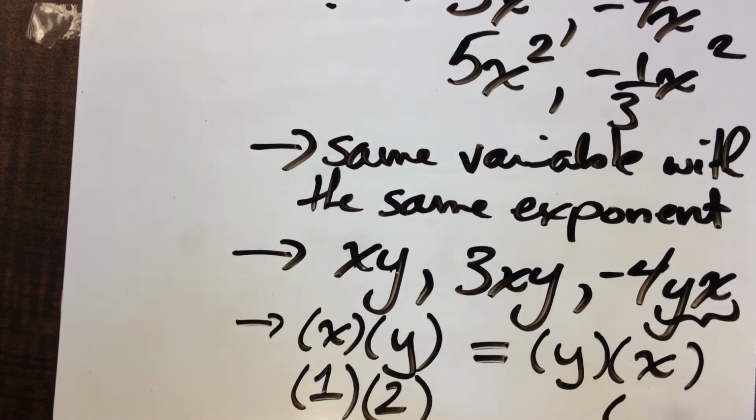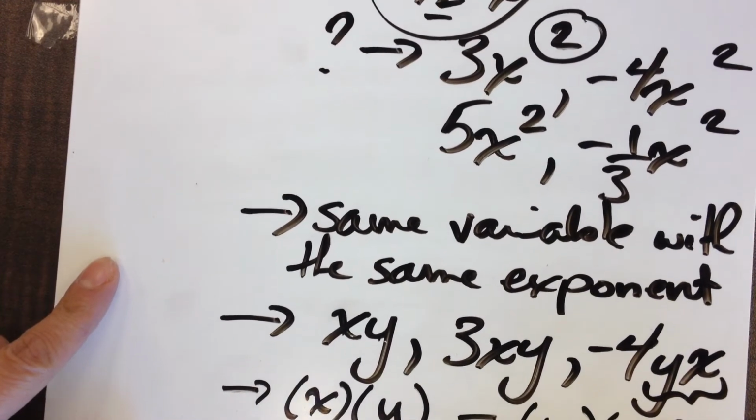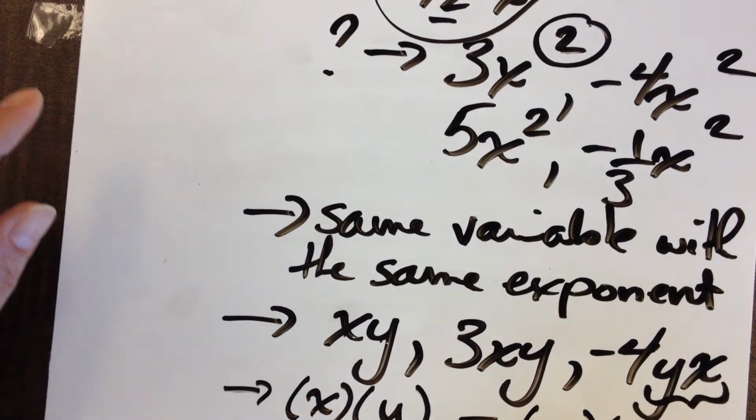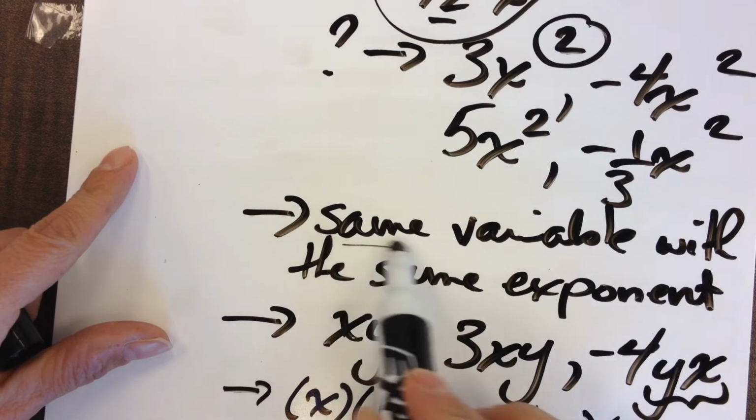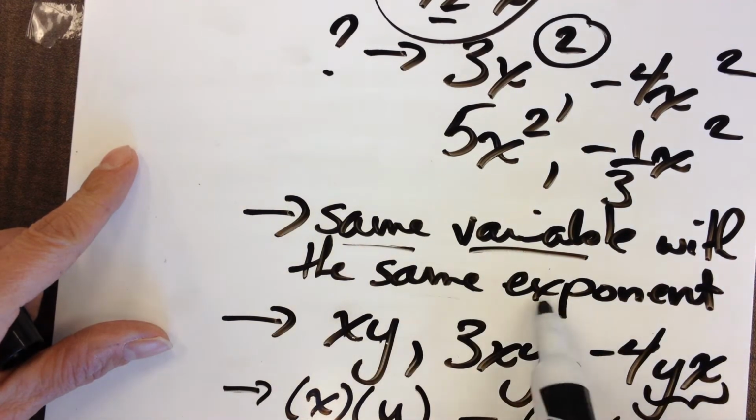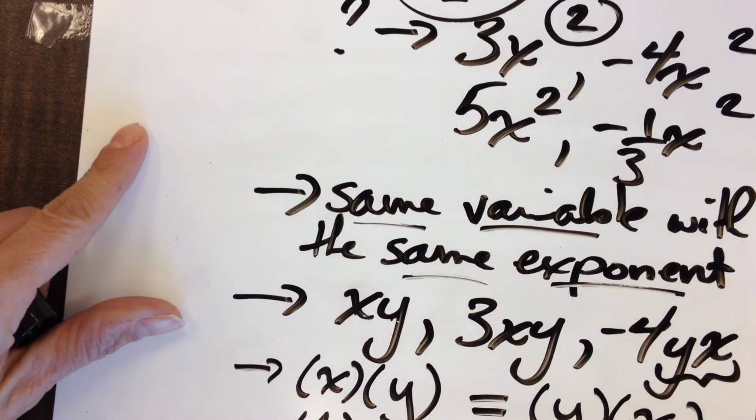I'll do the same on this side. We're going to put a 1 and we're going to put a 2. Are they the same? 1 times 2 is 2. 2 times 1 is 2. Yes, they are. So in order to figure out whether you have like terms or common families, what you have to do is see that you have the same variable with the same exponent. It doesn't matter the order.